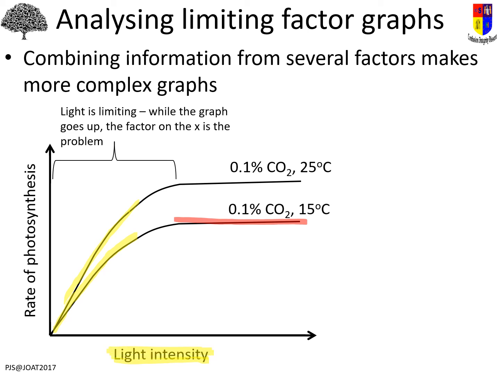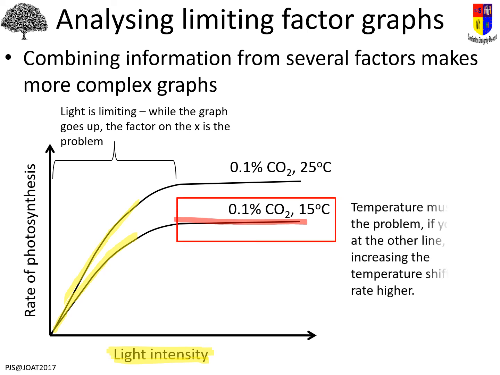Okay, so that's okay. But when you get to these ones, you can use the fact that you've got two lines to tell you something else. So here, the problem must be temperature. Because if you look at the one that's above it, and this is the tricky bit, you've gone from 0.1% to 0.1% carbon dioxide, but it's jumped up.